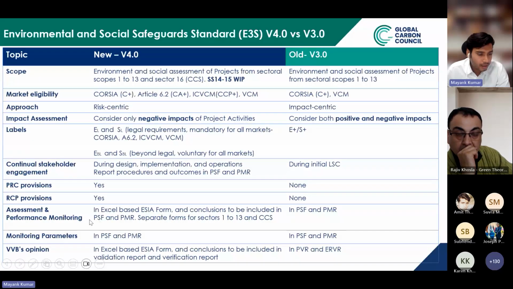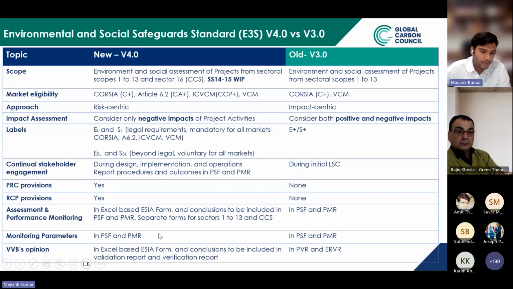Then there is assessment and performance monitoring. As I said earlier, the entire assessment was in the PSF and PMR, and sometimes it could run into pages because of the structure of the tables. So to remove all those hurdles, we have moved it to Excel. You can use the Excel template to do the environmental and social impact assessment and upload it along with your PSF for assessment by the validator, verifier, and GCC.